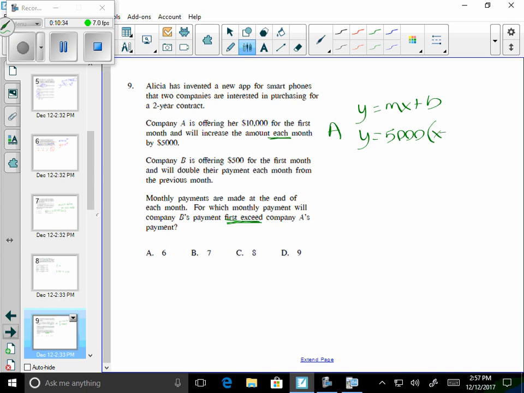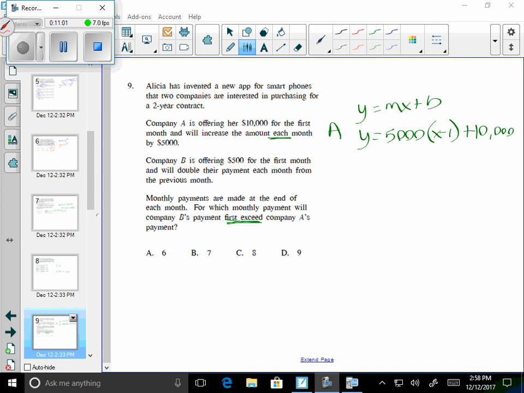Now the key is the formula is x minus 1 because they tell you you're getting $10,000 in the first month, and then each month after that is 5,000. But you don't start counting until month number 2. And then our y-intercept, or our starting value, is that 10,000.